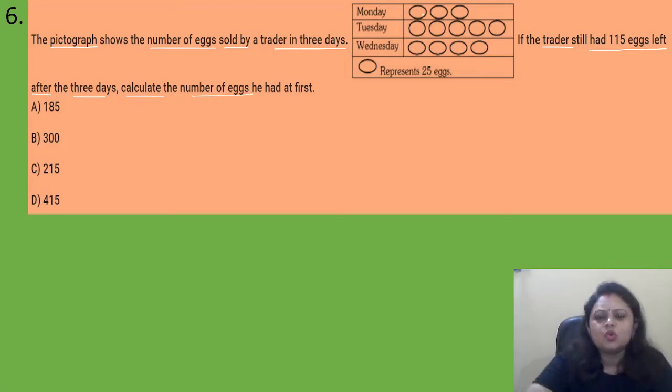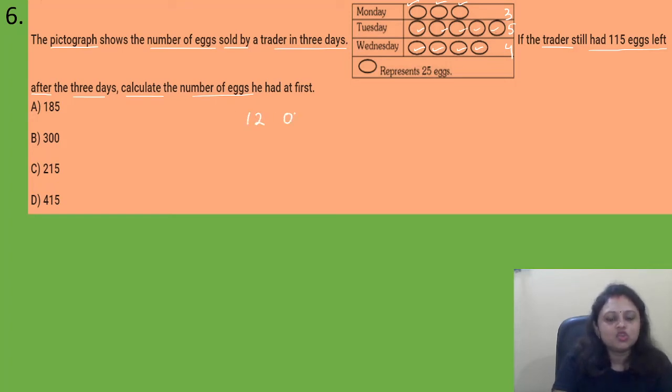Okay, so how many structures are there here? For Monday, 3 structures. For Tuesday, 1, 2, 3, 4, 5, it is 5 structures. For Wednesday, 1, 2, 3, 4, that is 4. So what is the total number of structures? That is 3 plus 5, 8 plus 4, 12 structures are there.